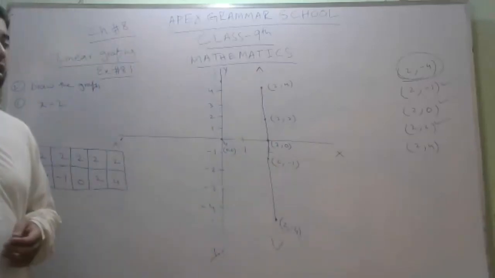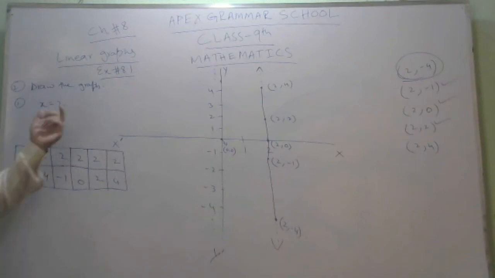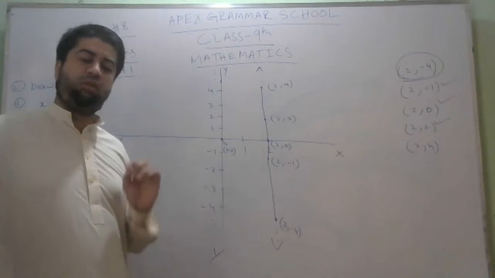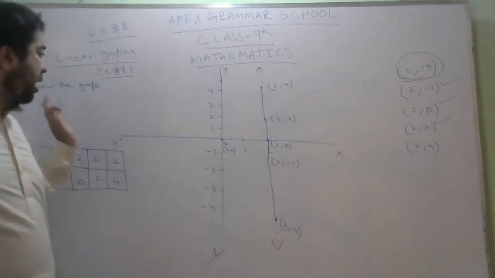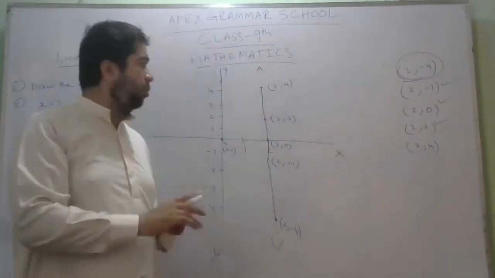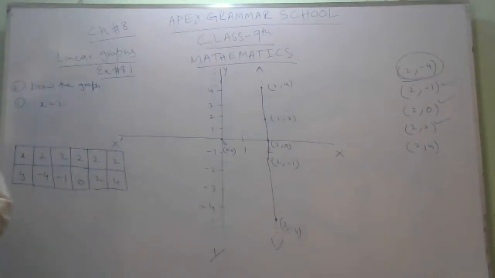So this is the graph at x is equal to 2. If you are not going to draw these points, you just need to draw the line segment at x equal to 2, just like this.